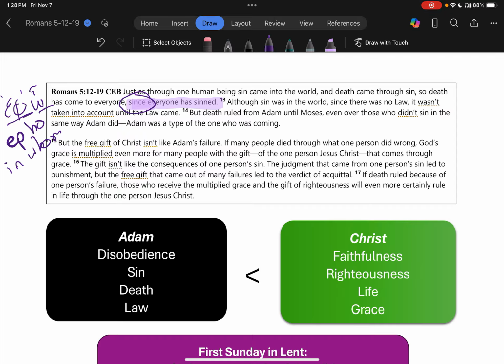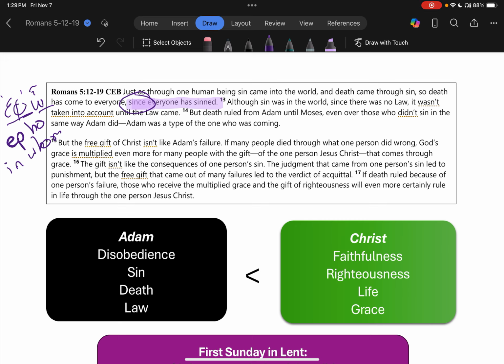In whom, the whom being Adam, in whom all have sinned, is one way that you could translate this. And Augustine would even go on to be more specific in saying that Adam's sin was actually passed on through sex, essentially through reproduction, to every subsequent human being, so that everyone is sinful from birth, right?